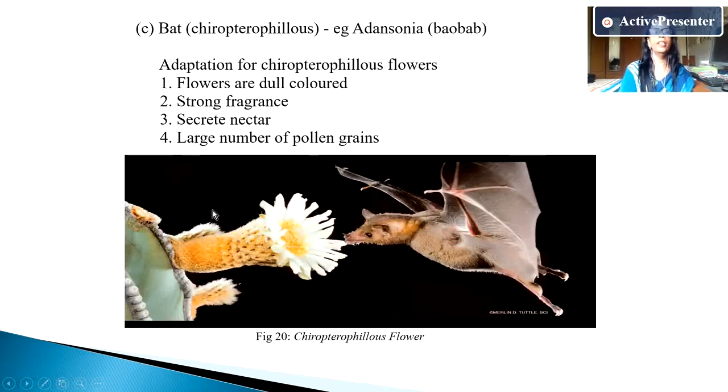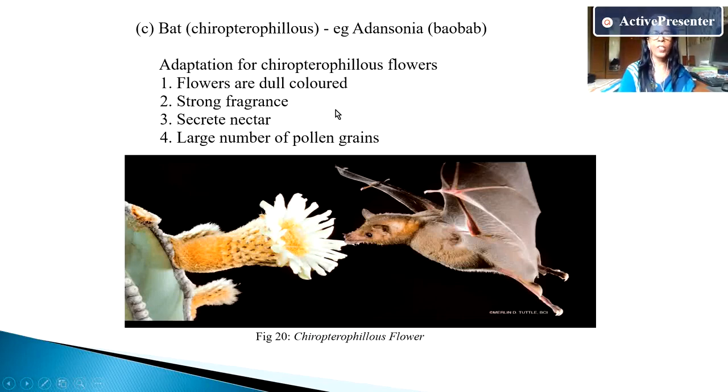The next one is the bat, chiropterophilous. Example, Adansonia, that is Baobab. This is the adaptation for chiropterophilous flowers: flowers are dull colored, with strong fragrance, secrete nectar, and produce a large number of pollen grains. So these are the different types of agents and the different types of pollination according to the agents.